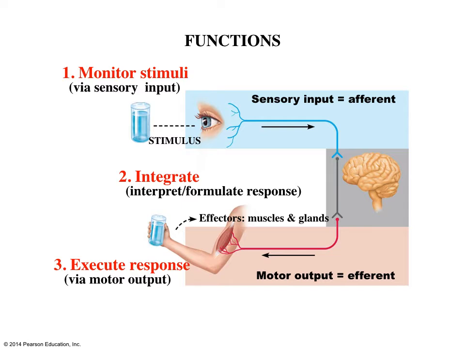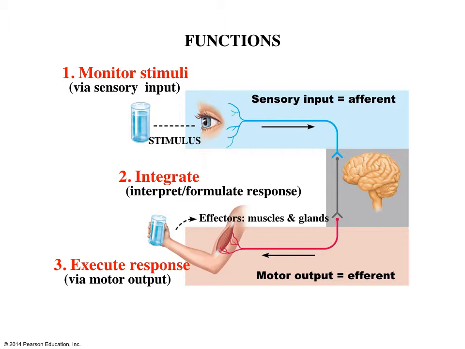Once that change in the environment is sensed by our sensory receptors, in this example, we are thirsty for water, we're looking at the glass of water, and that information is then sent to the central nervous system via sensory input. Information coming in towards the CNS is known as sensory or afferent.